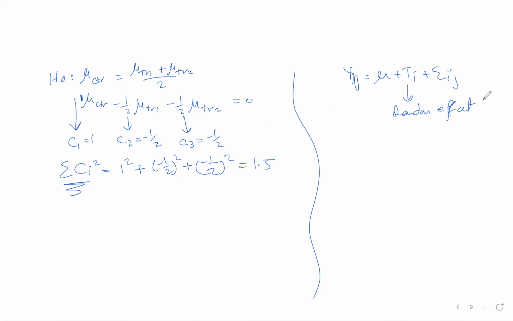Again, it's at least one is different. I'm interested in testing H0, sigma tau square equals 0, against HA, sigma tau square doesn't equal 0, and use the p-value to test which one the data support, H0 or HA. If the p-value is less than alpha, reject H0. If the p-value is greater than alpha, fail to reject H0.